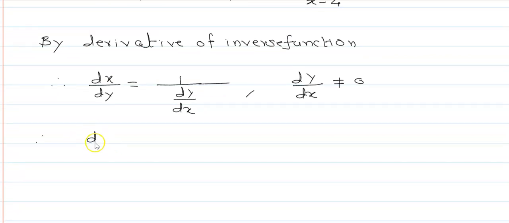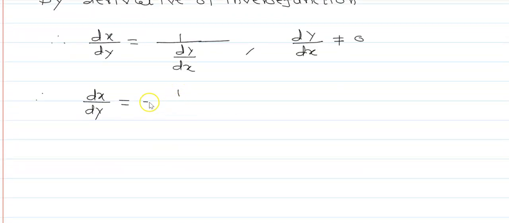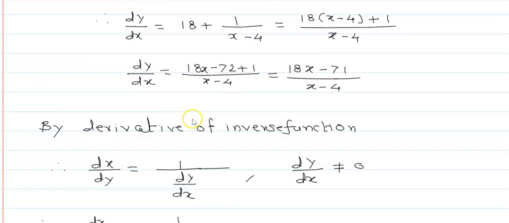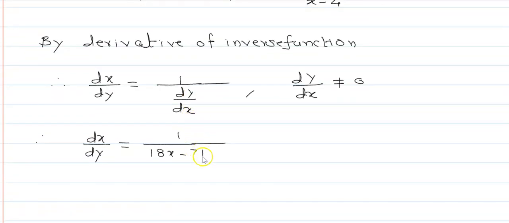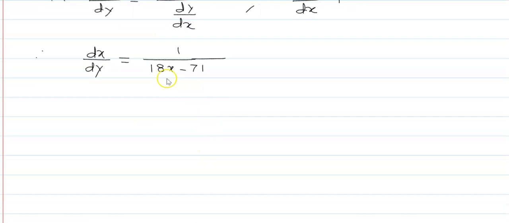Therefore dx upon dy is equal to 1 upon dy by dx, which means 1 upon (18x minus 71) upon (x minus 4), and that is equal to x minus 4 upon 18x minus 71.